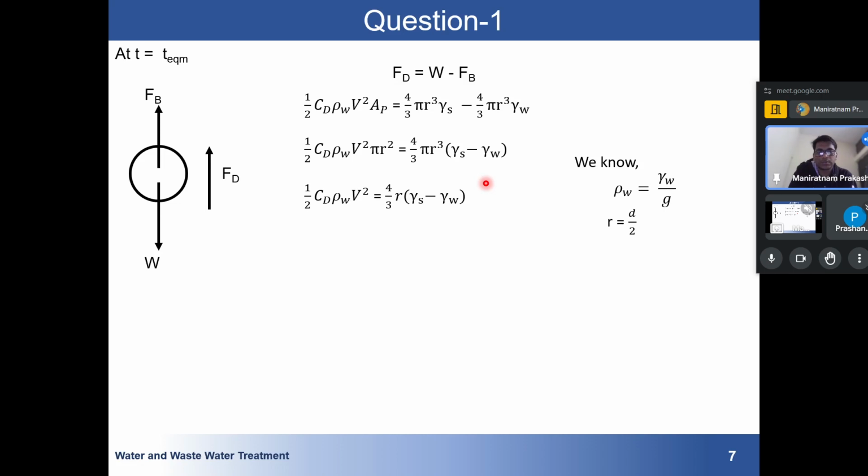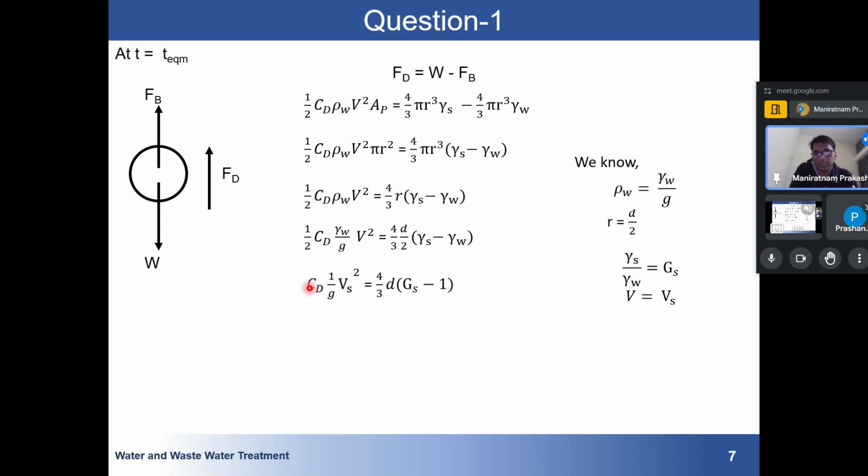Again taking common, I know that this density of water can be written in a specific gravity term. After substituting, this velocity will be considered as settling velocity, and this gamma s by gamma w is referred to as the specific gravity Gs of the solid, or relative density. I will be putting all these values here.